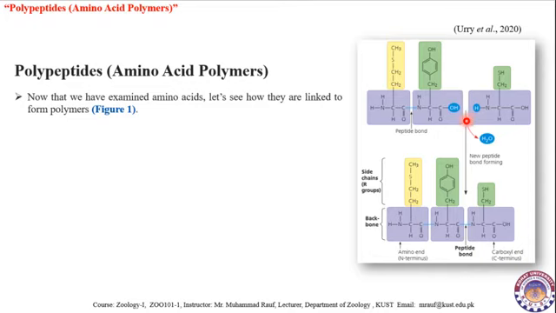Peptide bond is formed between the amino group of one amino acid and the carboxyl group of another amino acid. The peptide bond is basically a covalent bond, and it is formed with the removal of a water molecule.